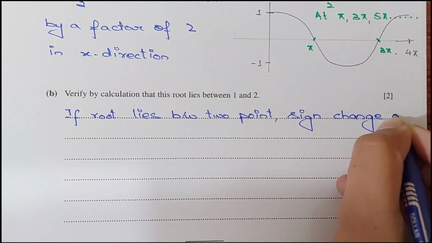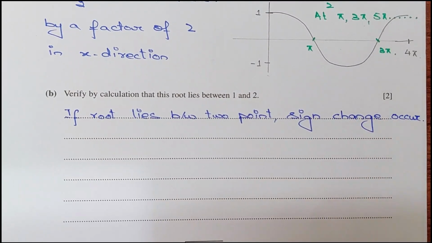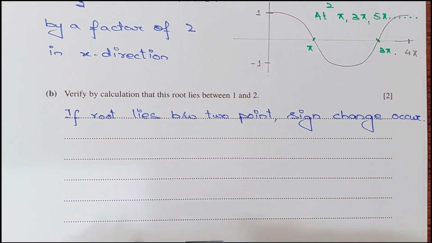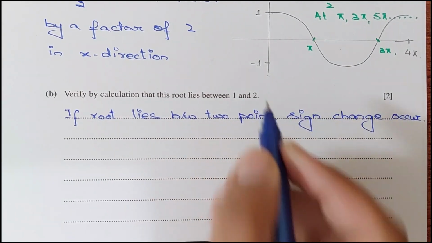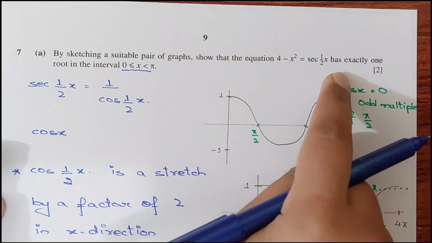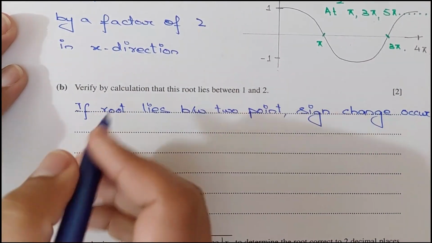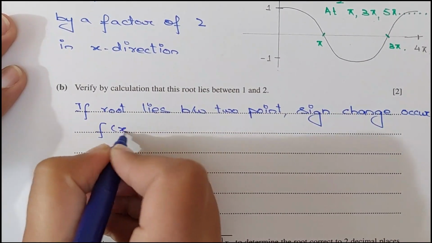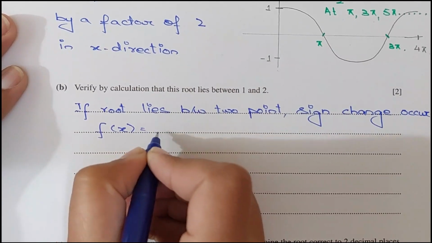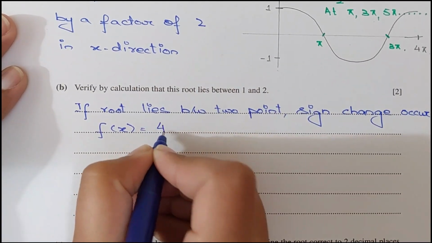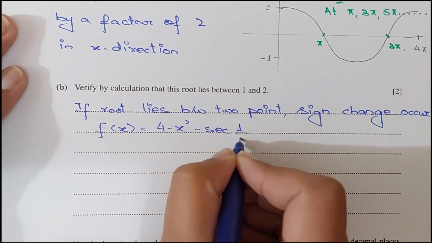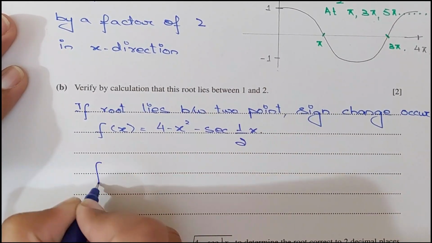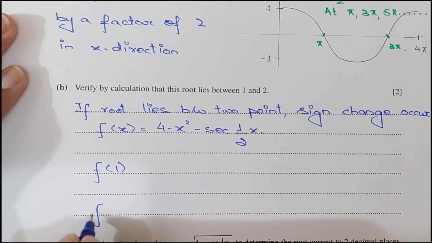It means the function changes sign between the 2 points, from positive to negative or negative to positive, right? So this is the function. I can rewrite this function as f of x equals 4 minus x squared minus secant half x. So what is f of 1 and what is f of 2?